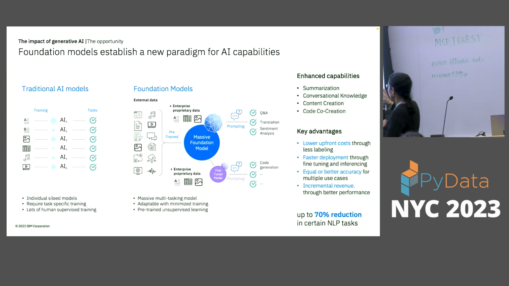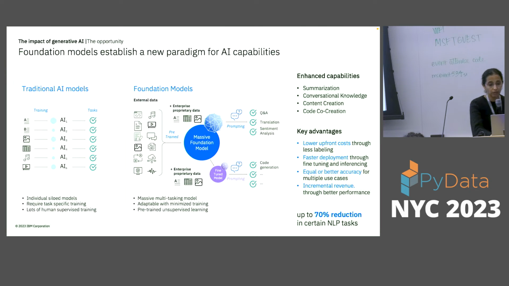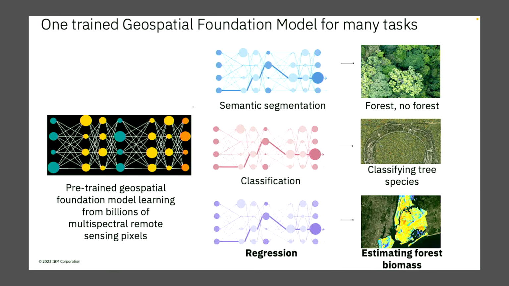Now, I don't want to go into the details of this because this is well known, people have published this. What we are specifically working on is using input satellite imagery, and we call them geospatial foundation models. This is a big effort in IBM Research, and we are only partially involved in the pre-trained geospatial foundation model learning work itself.